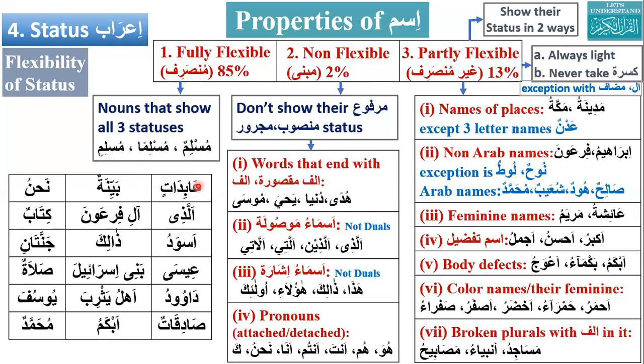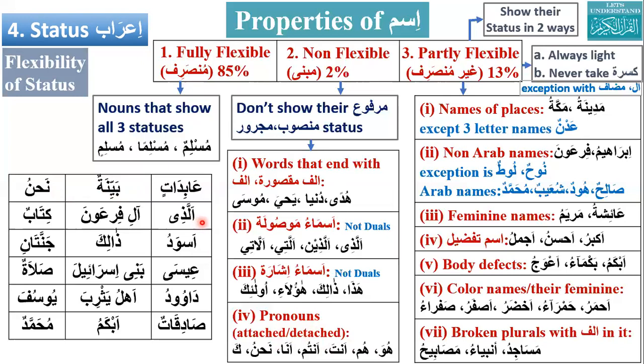Abidat is the plural, women worshippers. It's fully flexible, because when you see tanween, it means it is fully flexible. Bayyinatun, Manal. Fully flexible. Nahnu, Hassan. Non-flexible. Excellent. This is a pronoun.